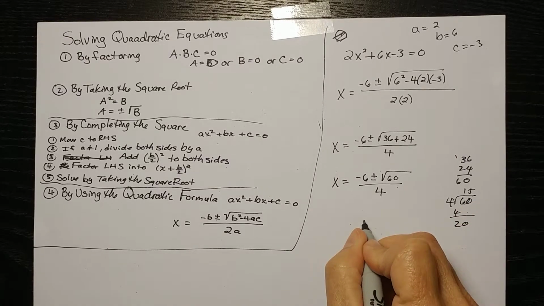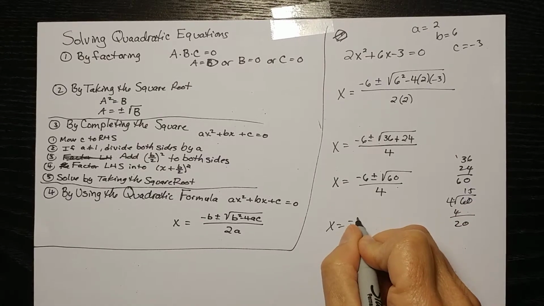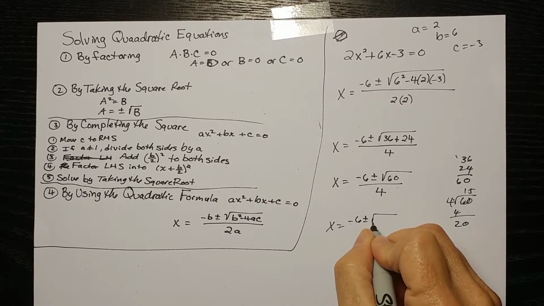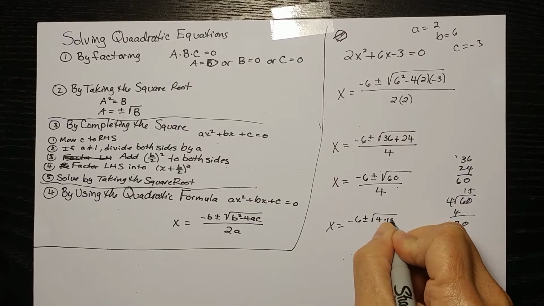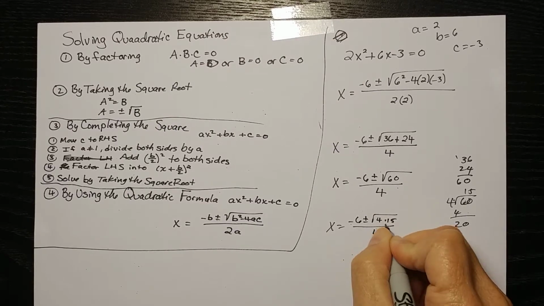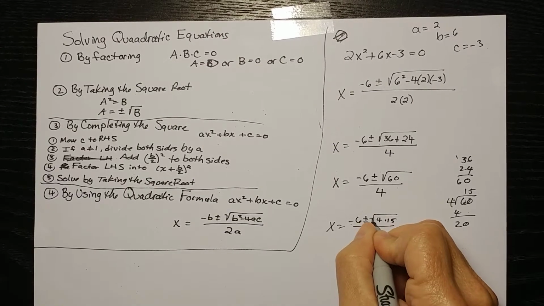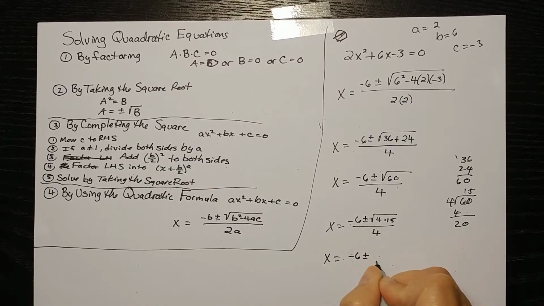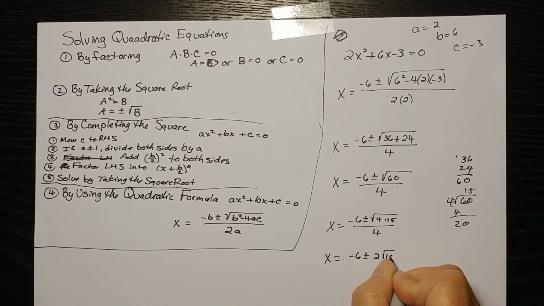Okay, I can rewrite 60 as 4 times 15. And that is helpful because I can take the square root of 4 and get a whole number. So x is equal to negative 6 plus or minus 2 times the square root of 15 all over 4.